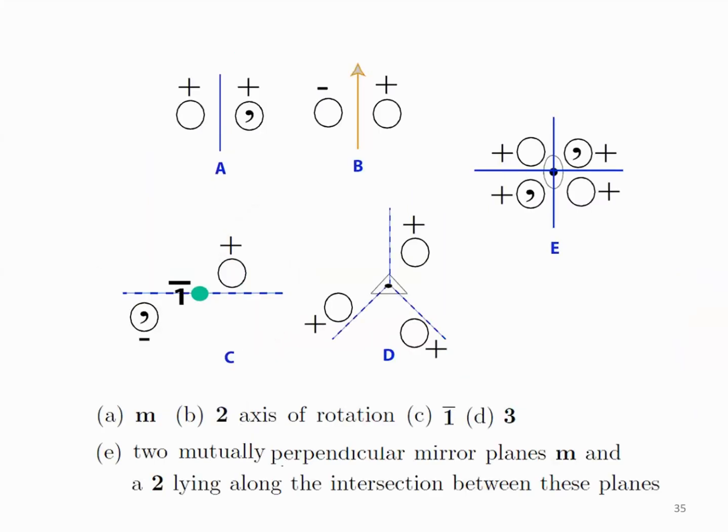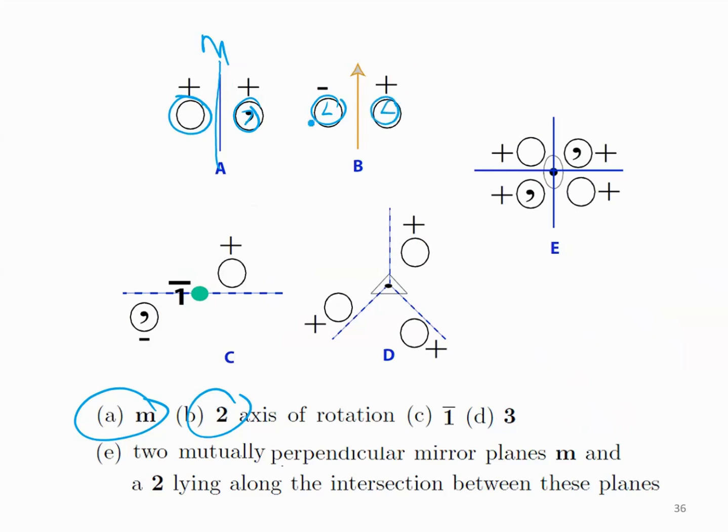Okay, so these are the examples for case A. This is a mirror plane. Why? Because this is left hand, this is right hand, and the relationship is mirror plane. B, 2-4 axis. Why? Because the left hand, this is also left hand.